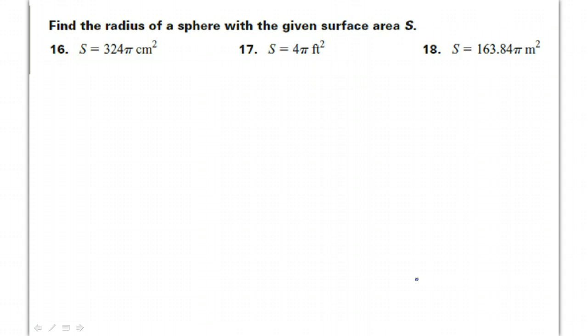All right, number 16. Find the radius of a sphere given the surface area. Okay, Irvin, how am I going to do this? You put 4 pi surface area. Okay, right, the formula for surface area is 4 pi r squared. So I'm just going to substitute that in.